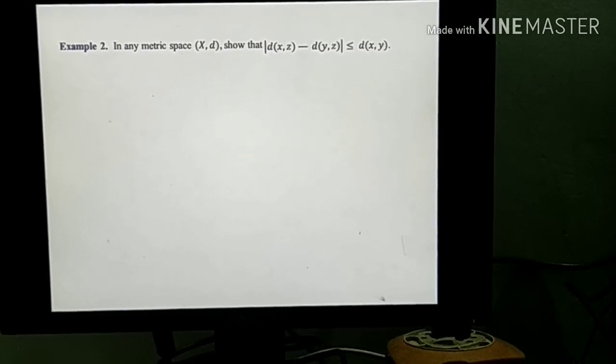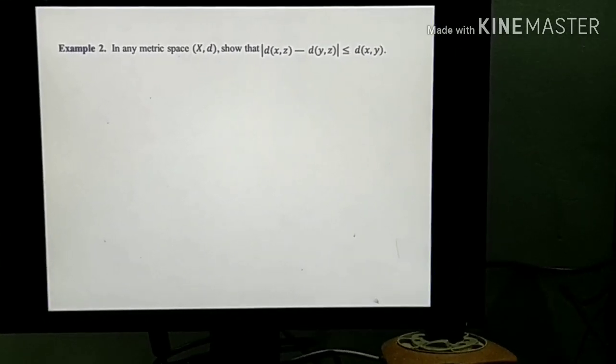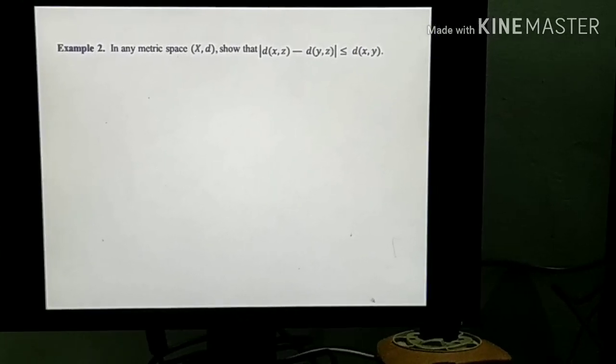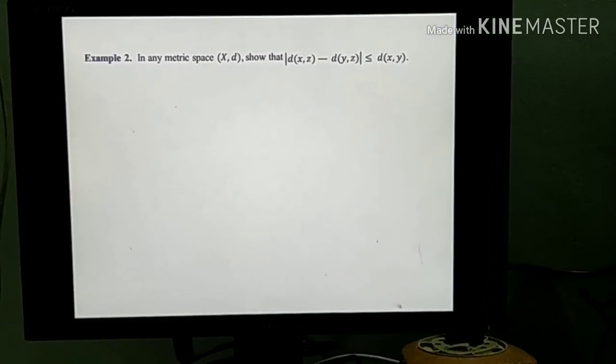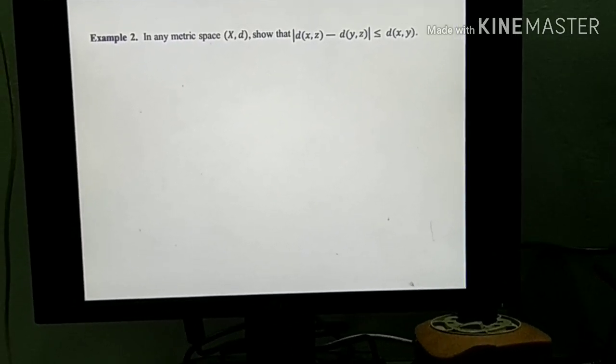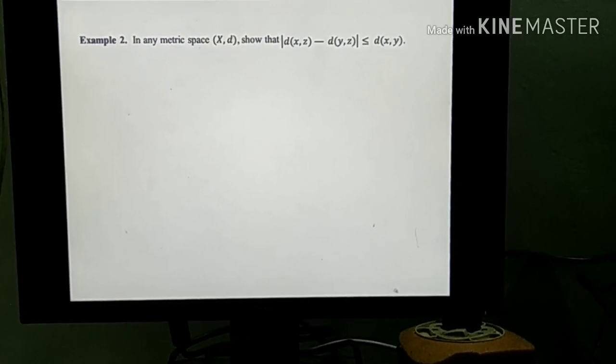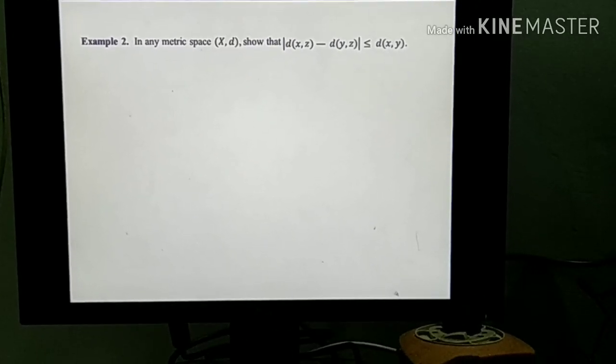Therefore, to show |d(x,z) minus d(y,z)| is less than or equal to d(x,y), we have to just show that minus d(x,y) is less than or equal to d(x,z) minus d(y,z), and it is less than or equal to d(x,y). Therefore, we have to use the triangle inequality.